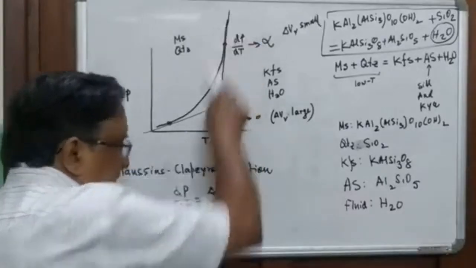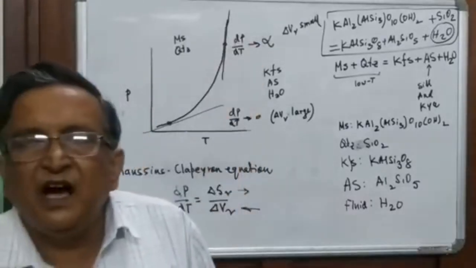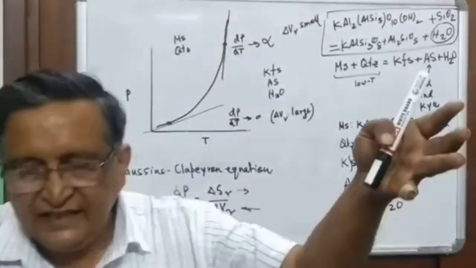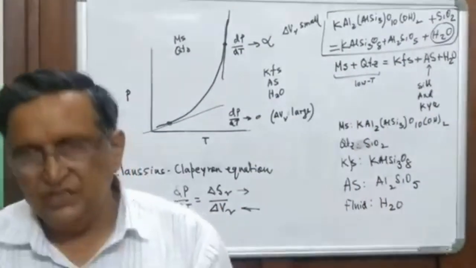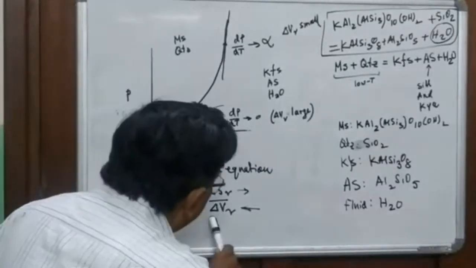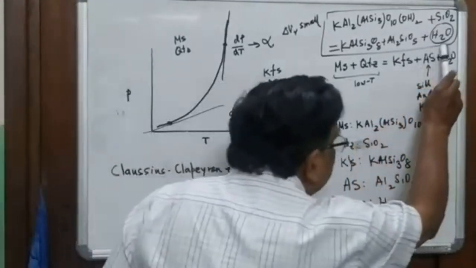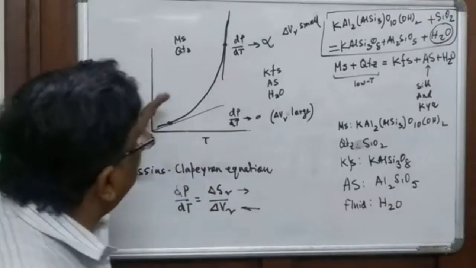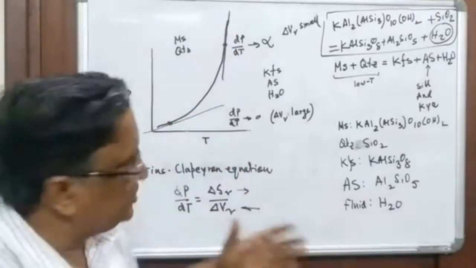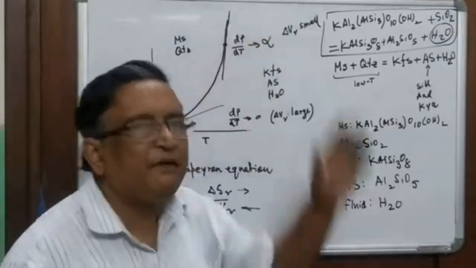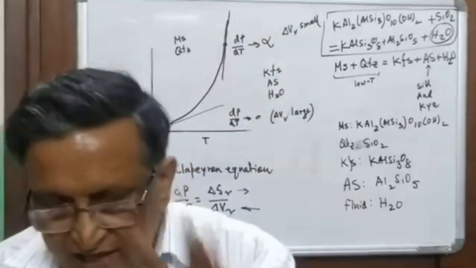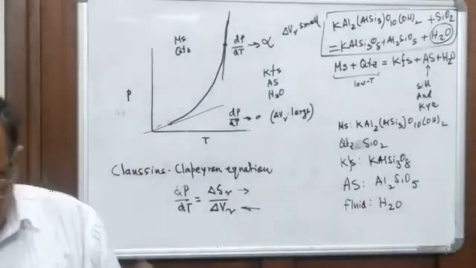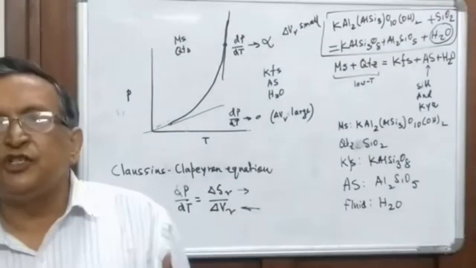Whereas at higher pressure, the delta VR decreases dramatically. That is why most of these reactions have this type of slope. The change in slope is because of the fluid compressibility as a function of pressure.